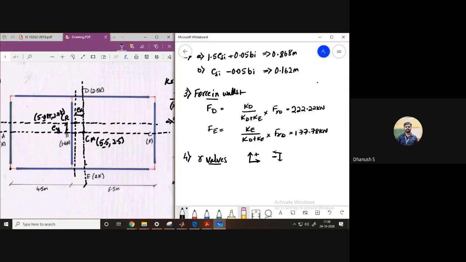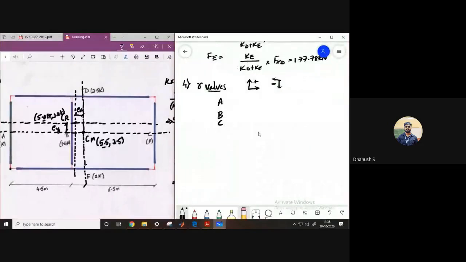I'll list all the walls: A, B, C, and then D, E. We'll write the R values. For the first wall, wall A, what is the R value?